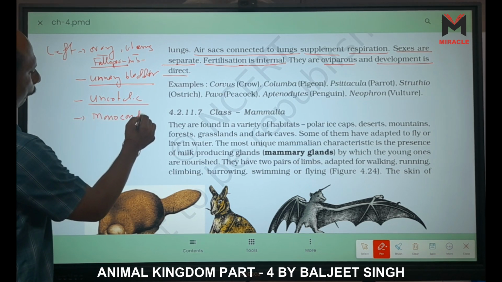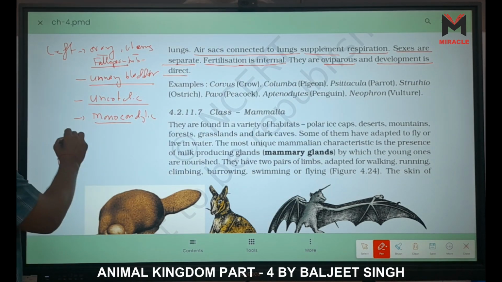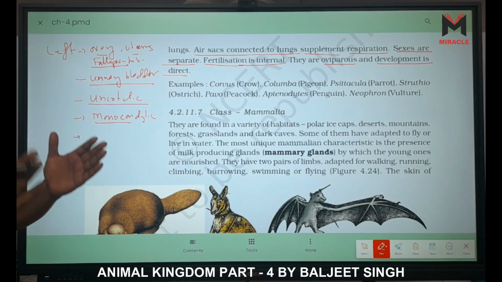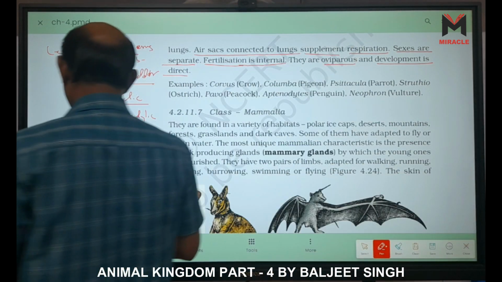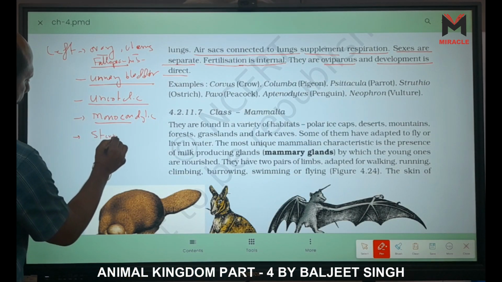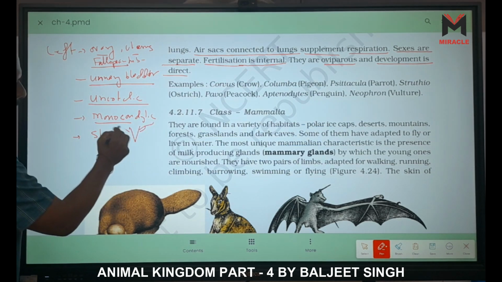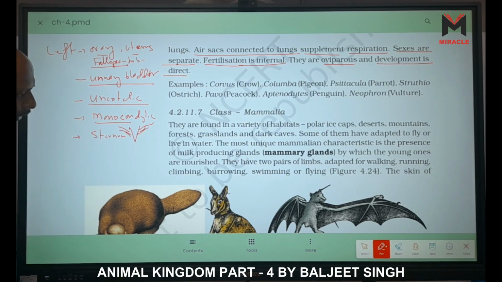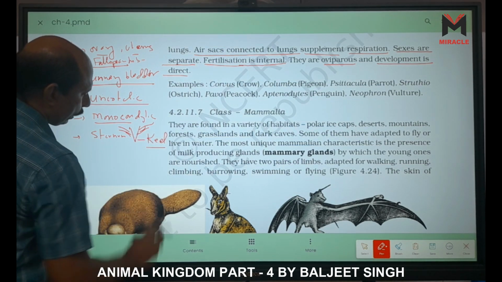They are monocondylic. We are dicondylic, they are monocondylic. And they have a specific feature: their sternum is V-shaped, and the flight muscles are attached to this V-shaped structure. This is called the keel.